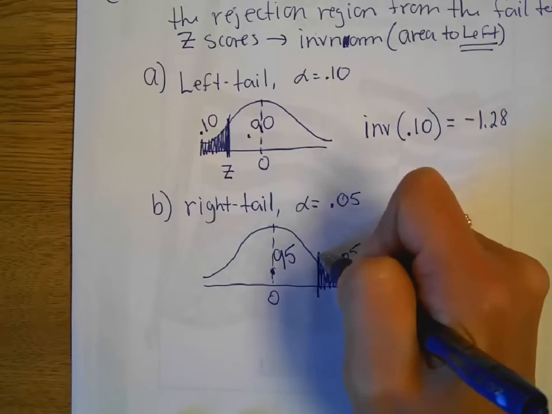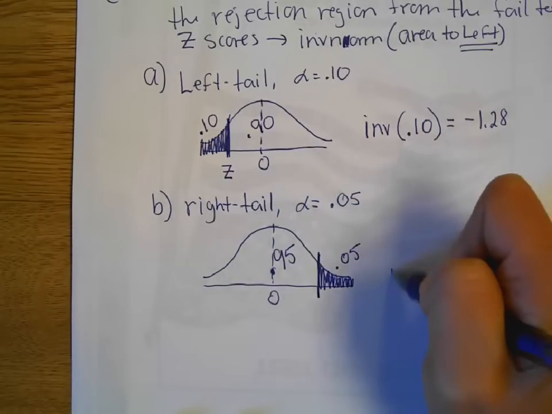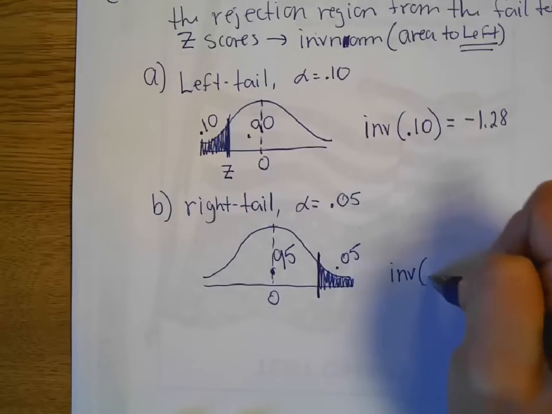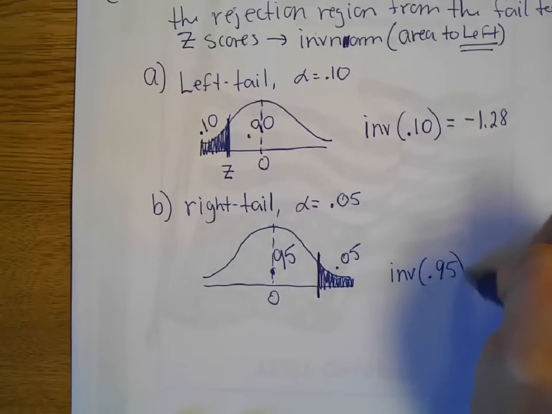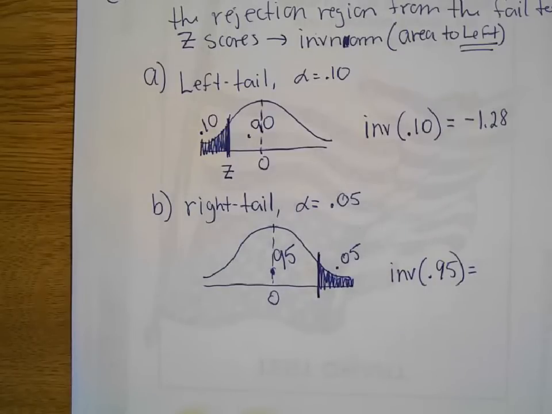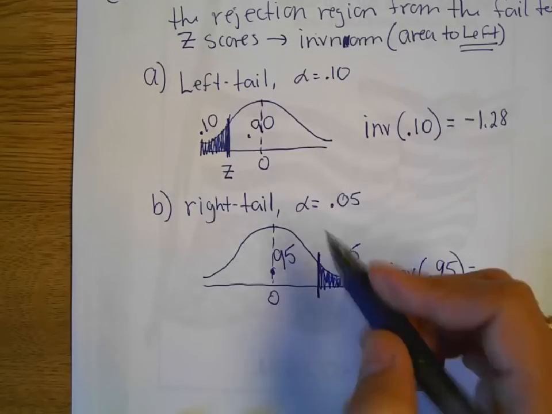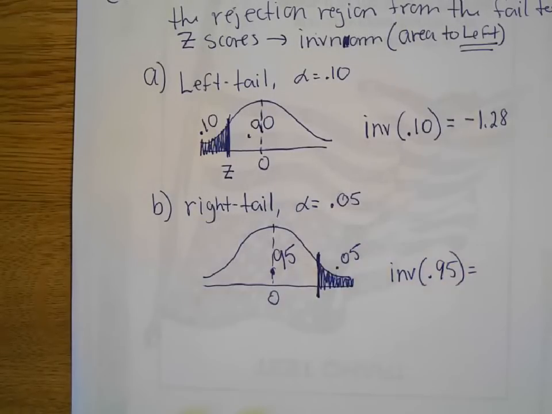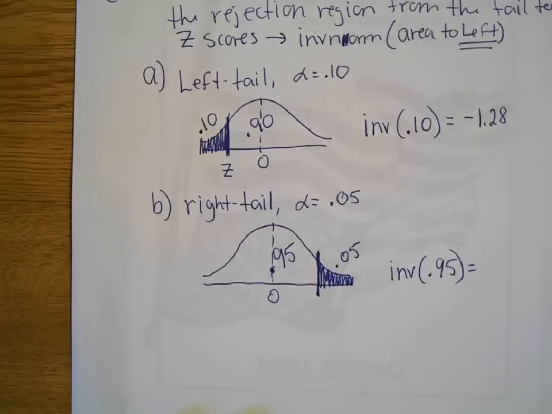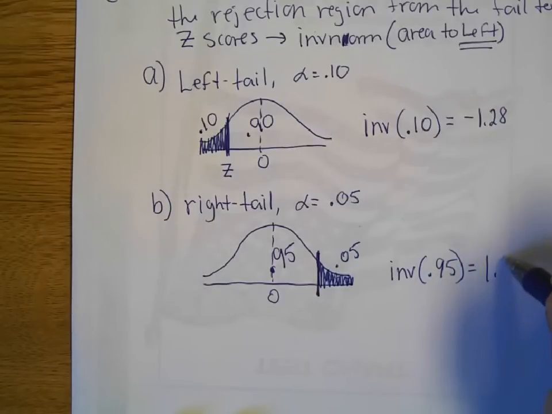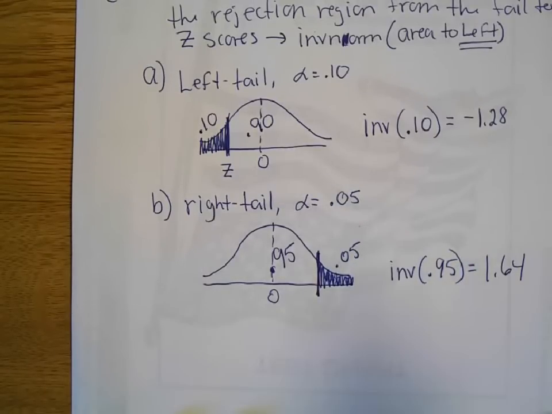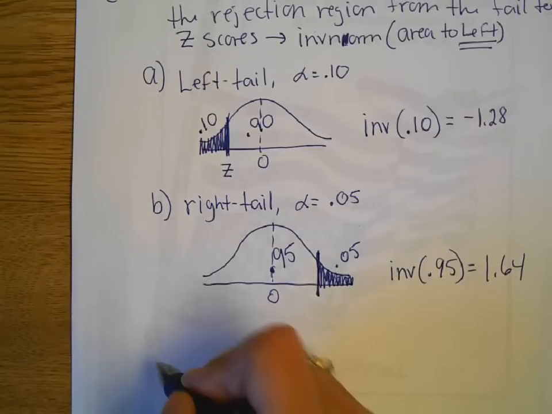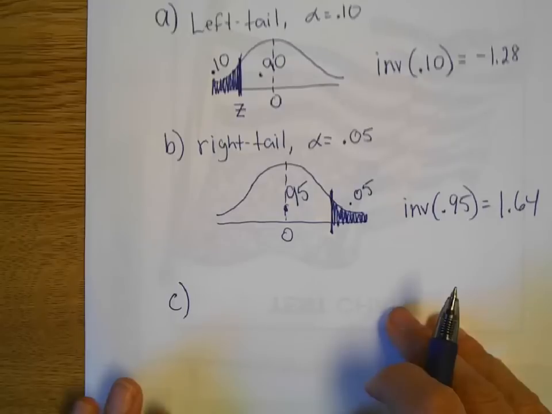So if I want this z-score, what are you going to feed inv norm? 0.95. Very good. Because you want the area to the left of you. If I'm standing here, the area to the left of me is 95% of the graph. And what's that one? 1.64. Positive, above the 0. Negative, below the 0. Weird how that works out. Tricky.